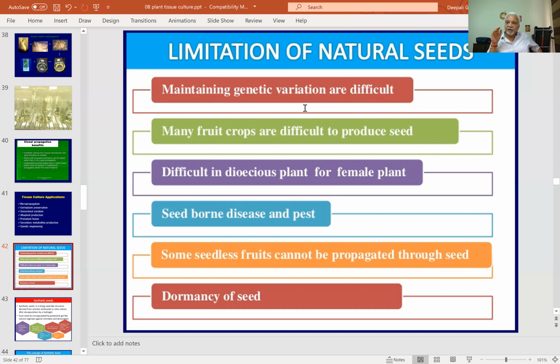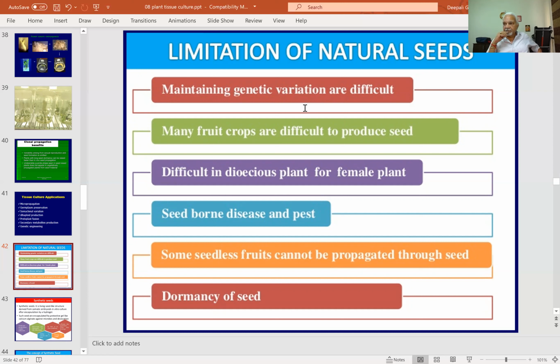Fruit crops are difficult to produce seeds from. If you see fruit trees, they take a longer time, and seed production takes time. And seed-borne diseases are there.